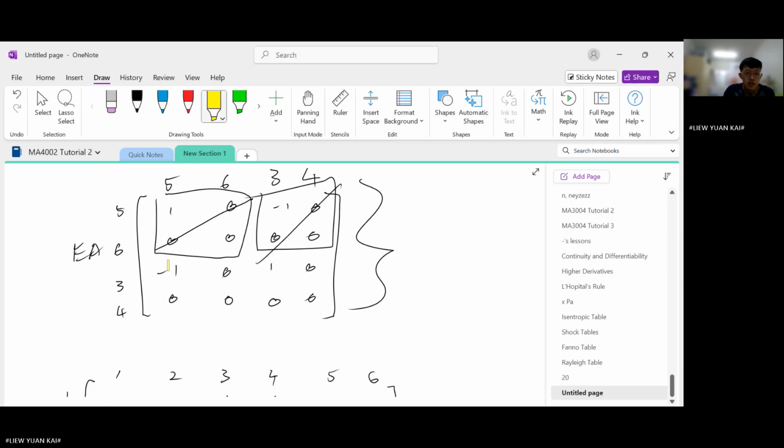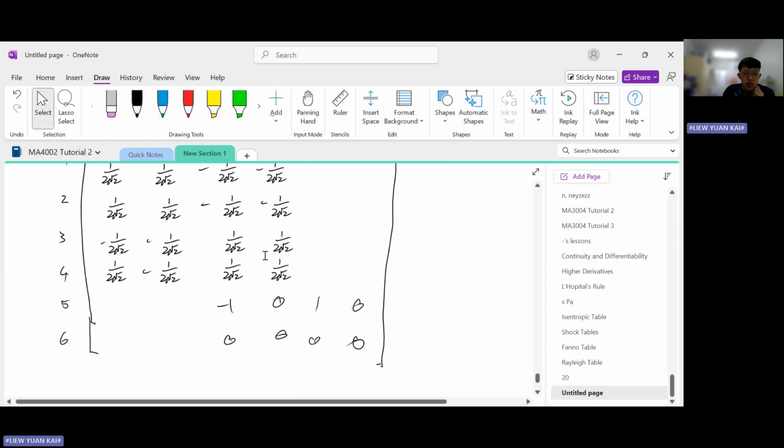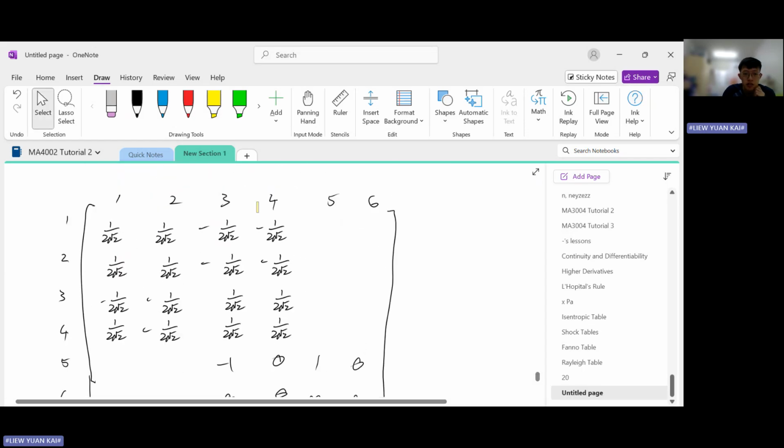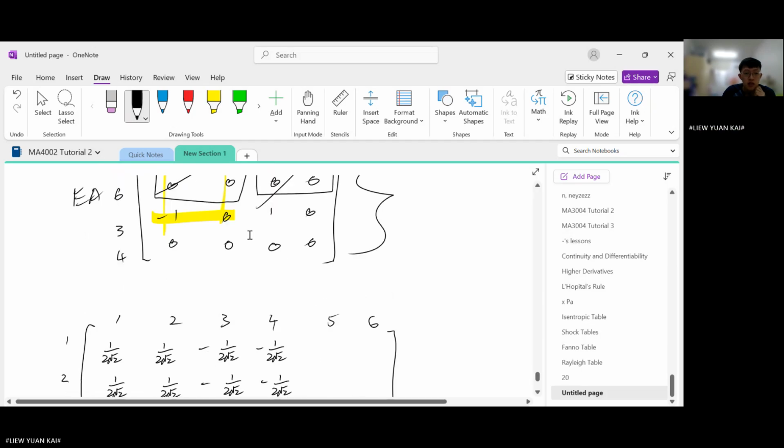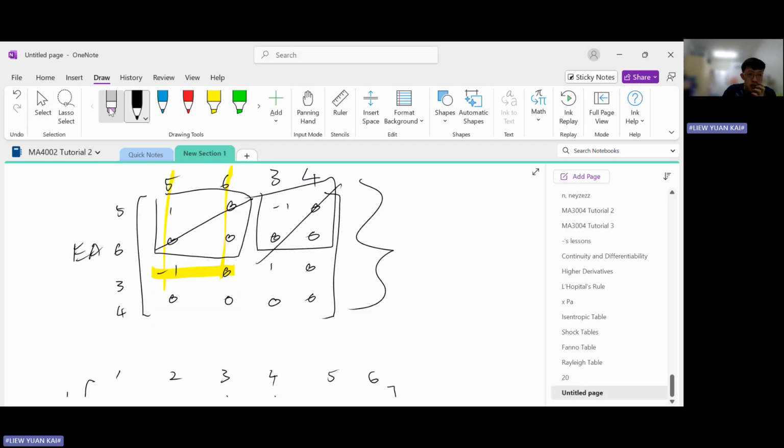Now take a look at this entry. So this is row 3, column 5, column 6 is minus 1, 0. So row 3, column 5, column 6 is minus 1, 0. Then what else do we have? Okay, this is done.